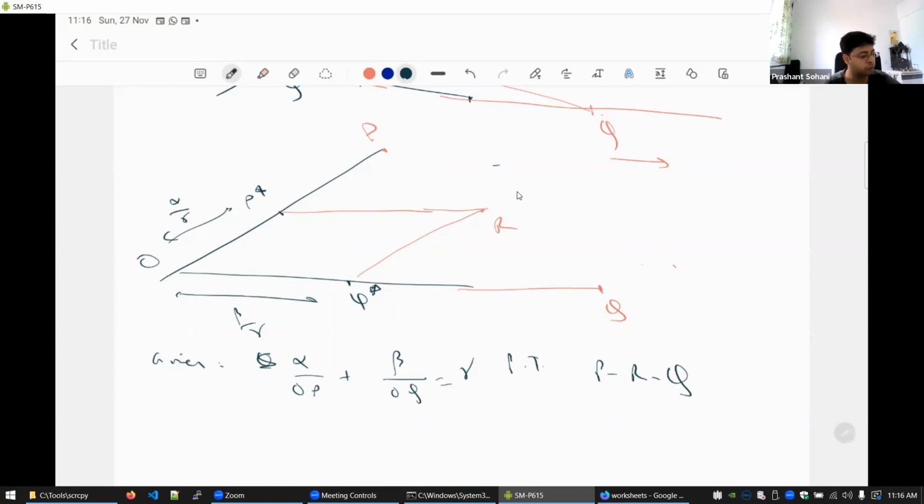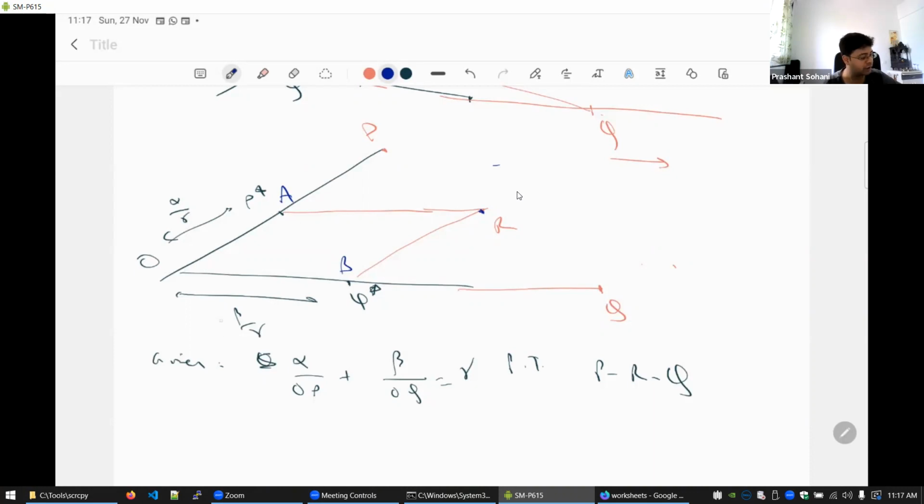So the first thing we should try to do is eliminate alpha, beta, gamma from our consideration because they are just acting like an intermediary to connect the points P, Q, R together. So we know point R can be defined in terms of P star and Q star, right? And writing P star and Q star is difficult every time. So let me just write them maybe as capital A and capital B. Okay. So we know that OA is alpha by gamma and OB is beta by gamma.